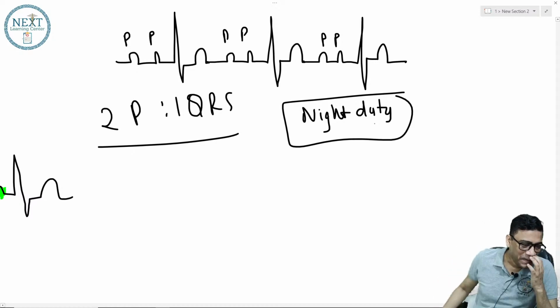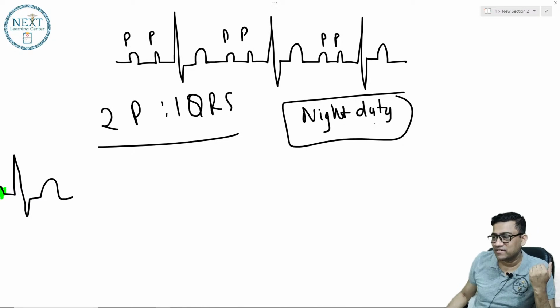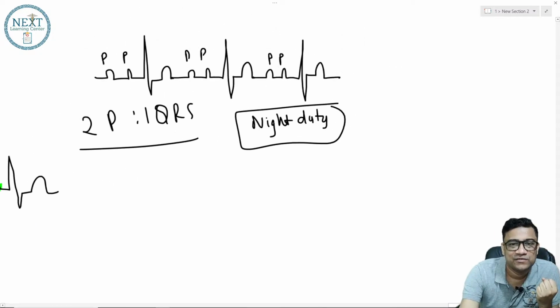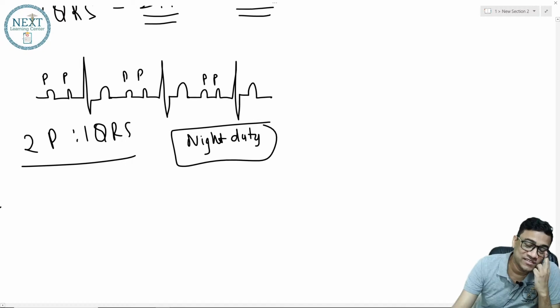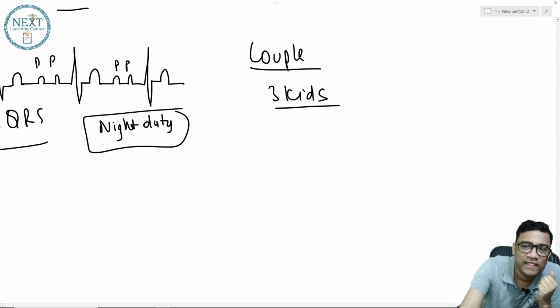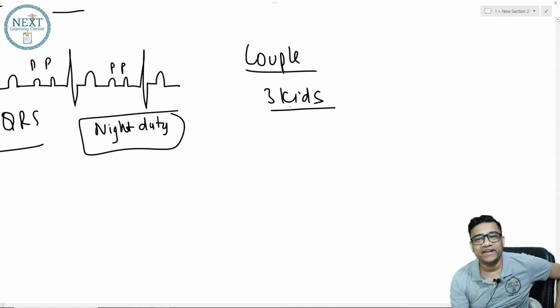Chalo. Okay. So is that clear now? So you know the story. Once there is a couple who have 3 kids. They want to take a divorce.